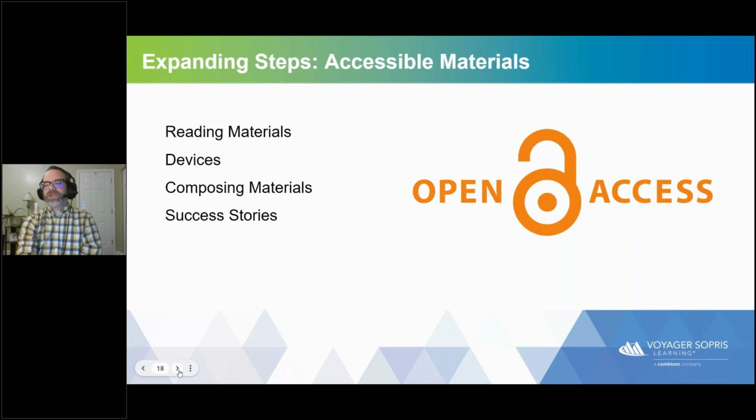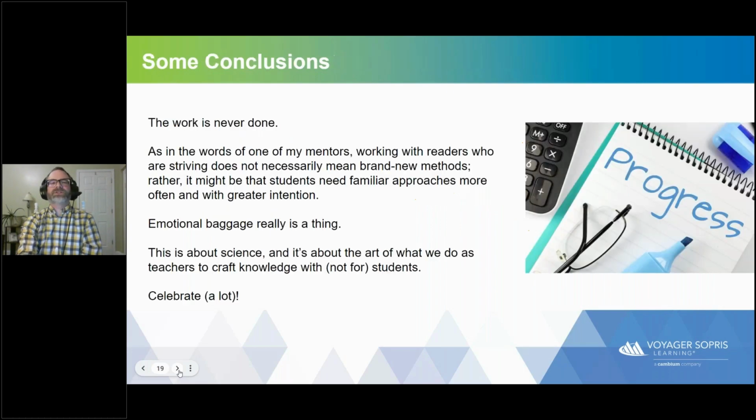And so I always plan way too much, but thinking about making materials accessible, thinking about those ways that I can get books into students' hands, that's absolutely the work to do.